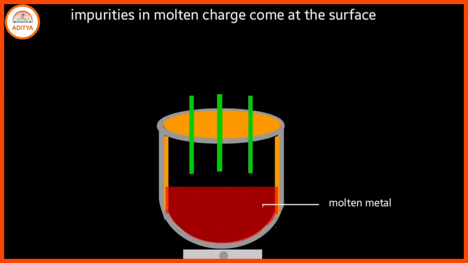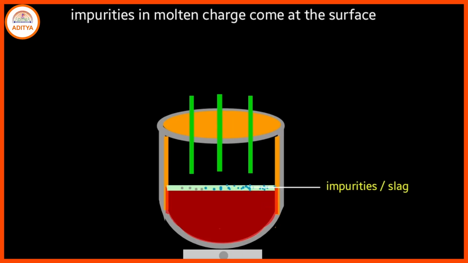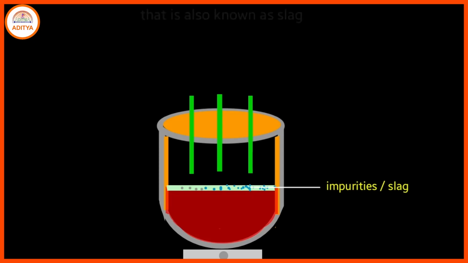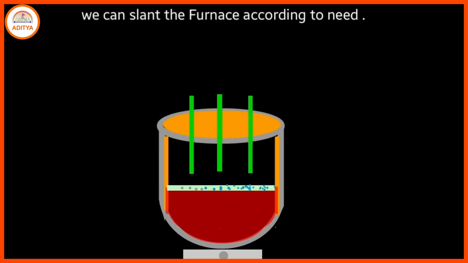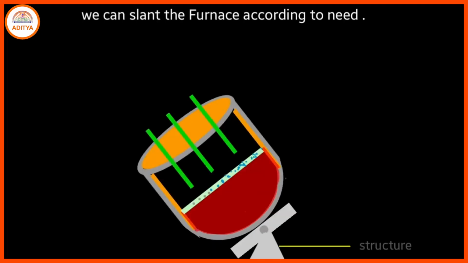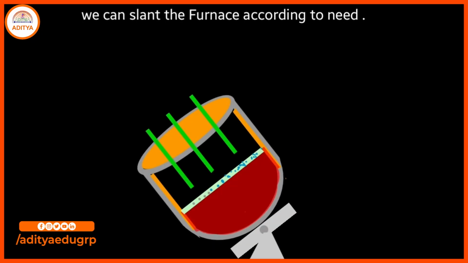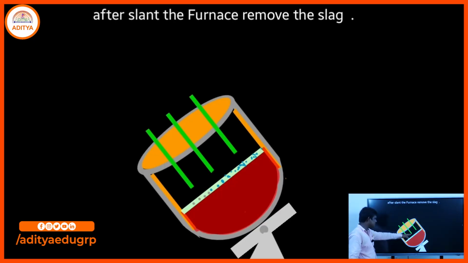The impurities on the upper part of the molten metal are called slag. Using the slag hole or the charging door, we easily remove the slag by tilting the furnace.